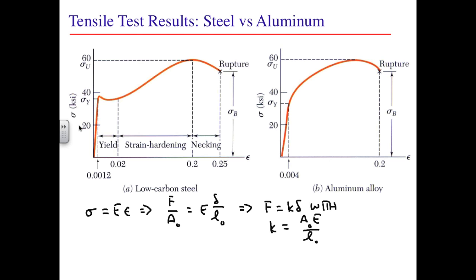The spring constant has both a geometric component, that is a ratio of cross-sectional area to length, and a material component in the elastic modulus. The stiffest structural element is therefore short and squat, so it has a high ratio of cross-sectional area to length and is fabricated from a stiff material. It has a large elastic modulus.